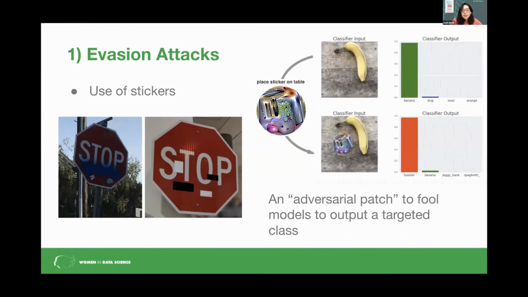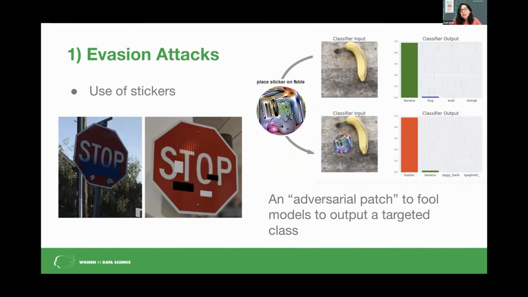And this sticker is called an adversarial patch. This is to fool models to output a targeted class. So they place this patch on the input image. And the cool thing about it is that they don't need to know what image they're attacking when constructing the attack. It works either way.